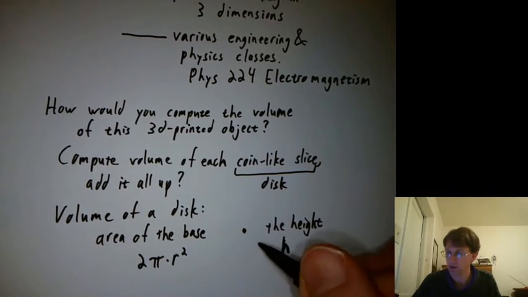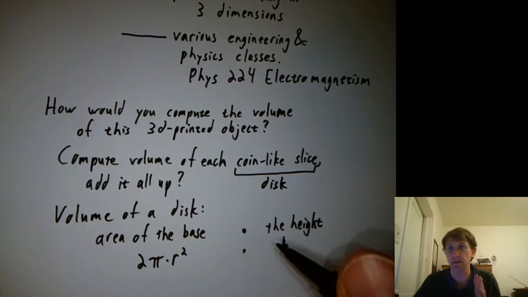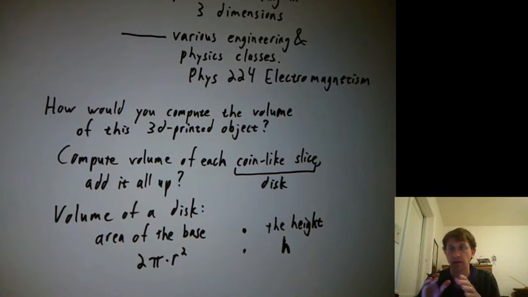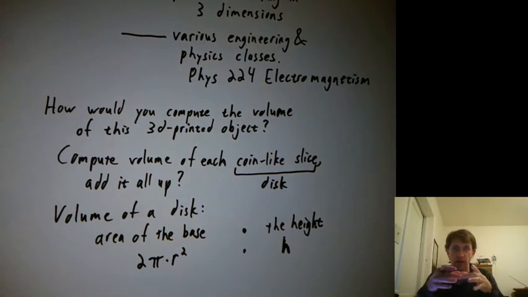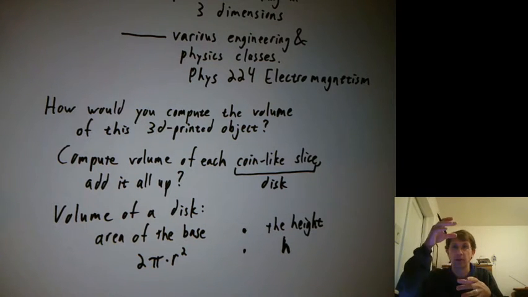And this formula actually works for anything where you start with a flat figure and then stretch it out into the 3rd dimension. It doesn't have to be cylindrical. It doesn't have to be circular. The same thing works for a cube. If you start with a square and then stretch it out into the 3rd dimension, you just do the area of that square or even rectangle times how far you stretch it out.